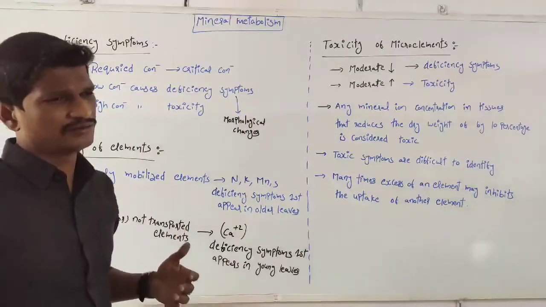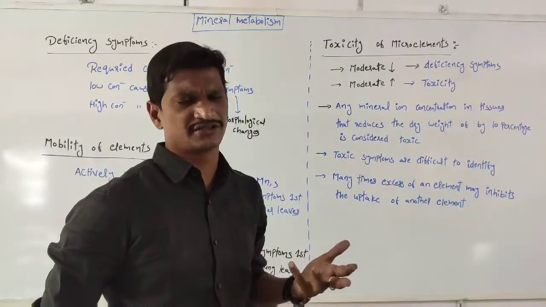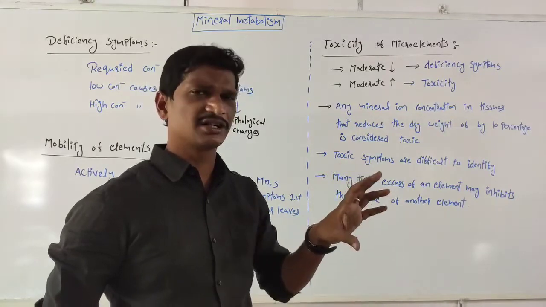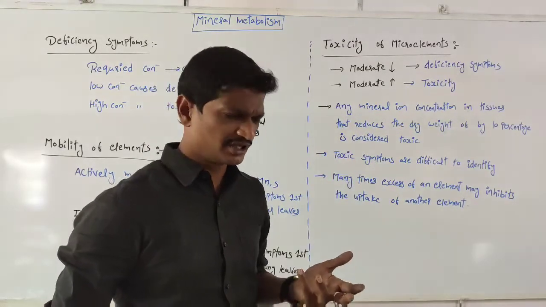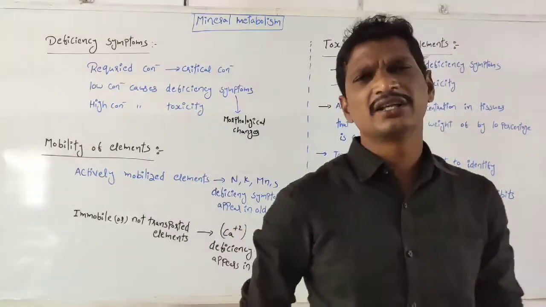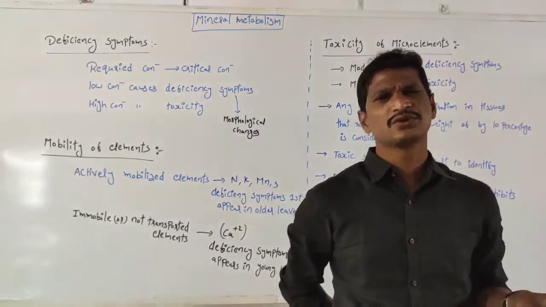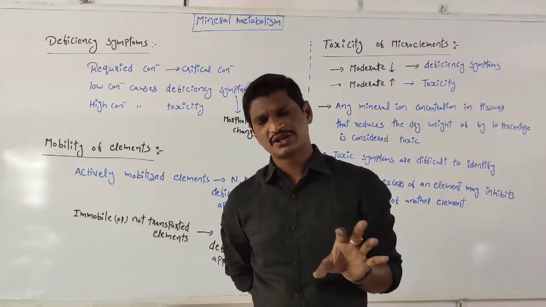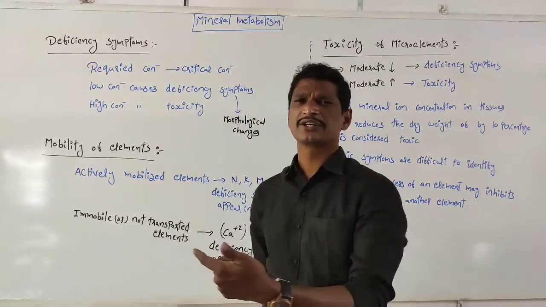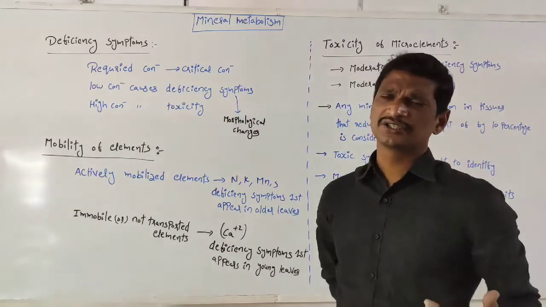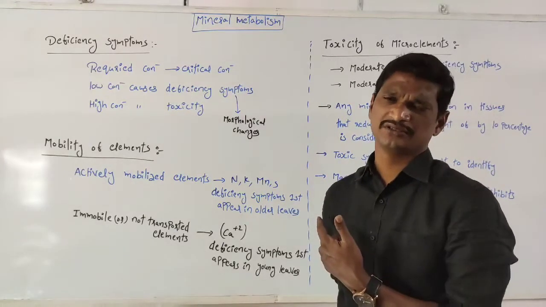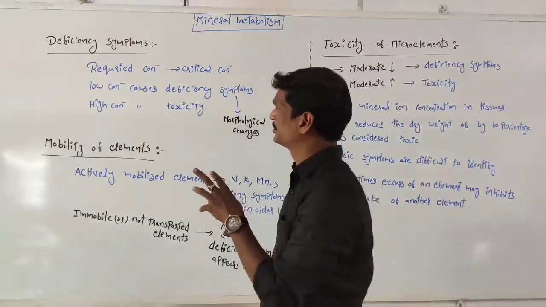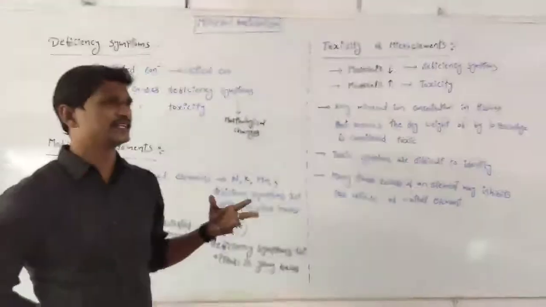If the same mineral is present at high concentration levels, it shows toxicity. Remember, either low or high concentration is dangerous to the plant. Always a balance of concentration is required. Low concentration produces deficiency symptoms, high concentration produces toxicity. So that is about the deficiency symptoms based on low and high concentration.